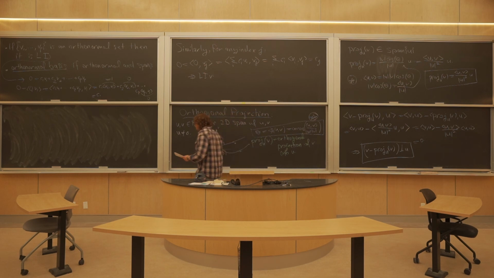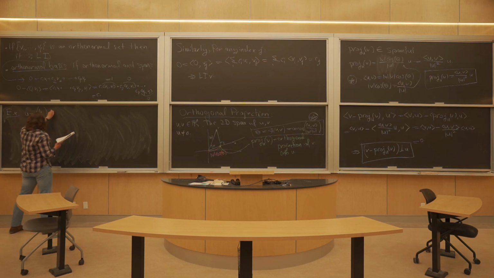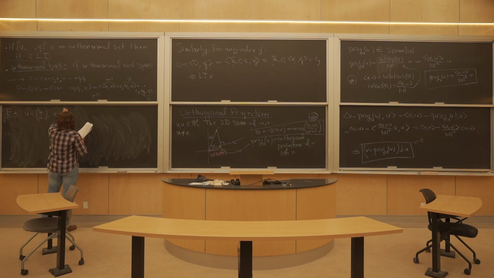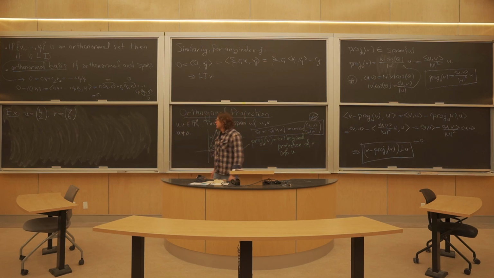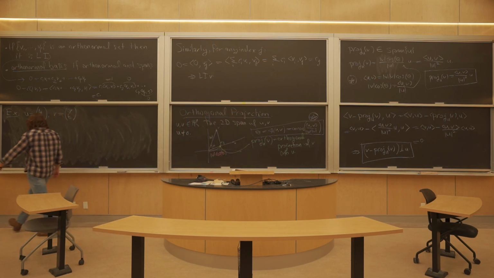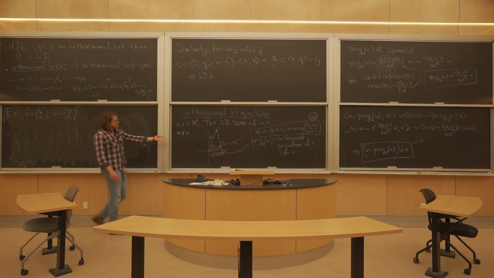So here's an example. I'm looking at u equals 4, 2, and v equals 7, 6. Okay. So now let's compute the orthogonal projection of v onto the space spanned by u, which is this picture.